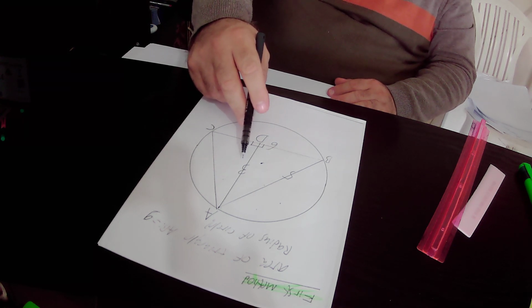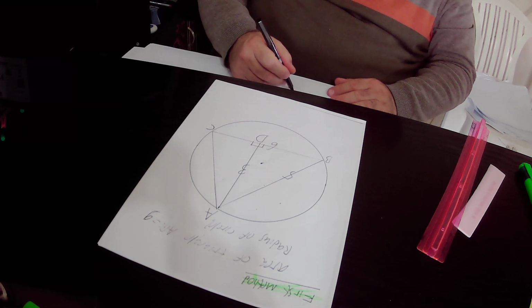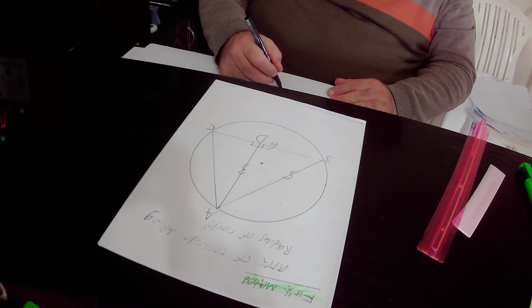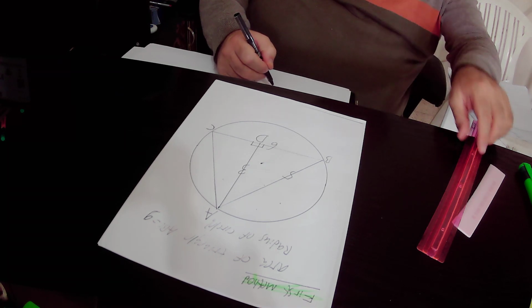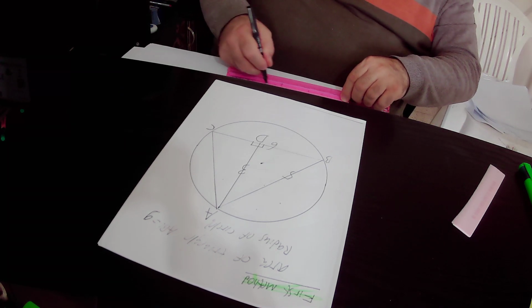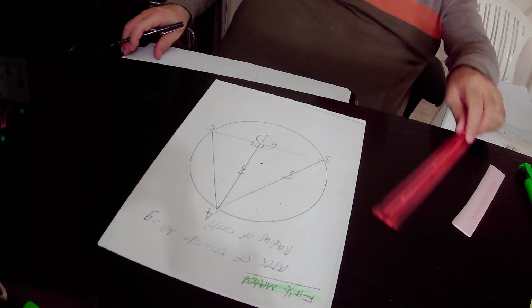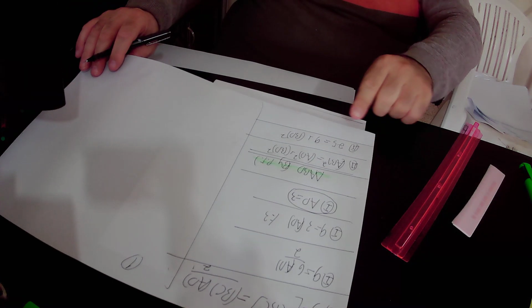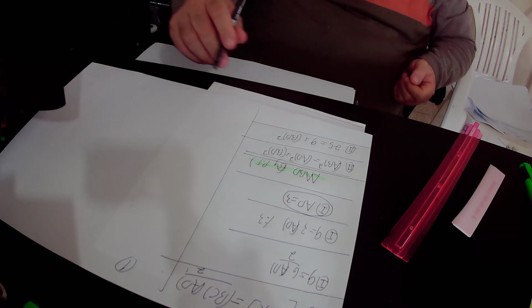AD equals 3, so AD squared is 3 squared, that is 9, plus BD squared. So in conclusion, we found that according to equation number 2, 25 equals 9 plus BD squared.